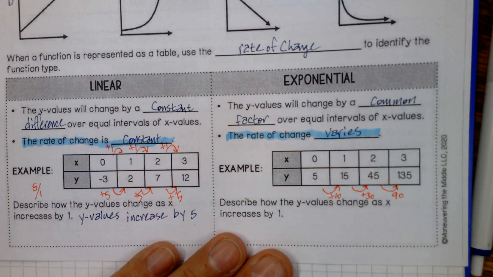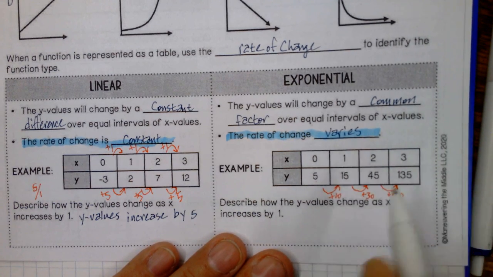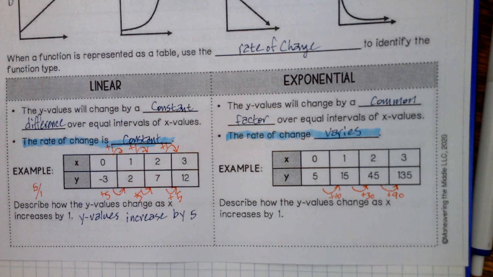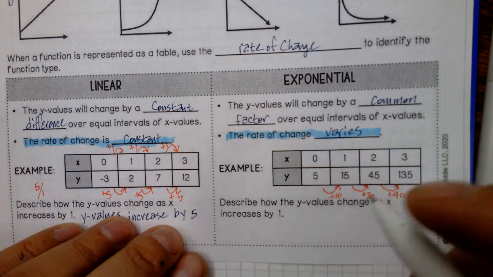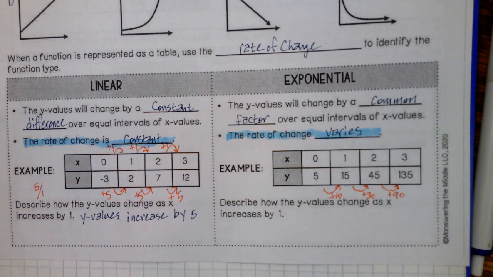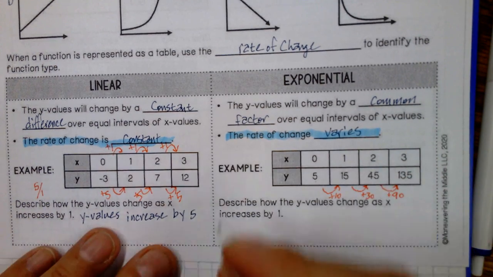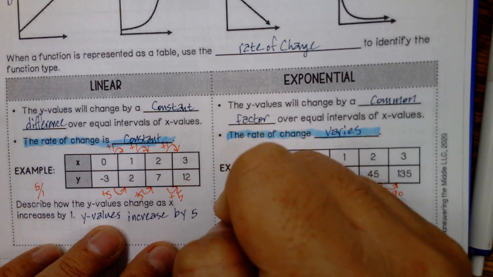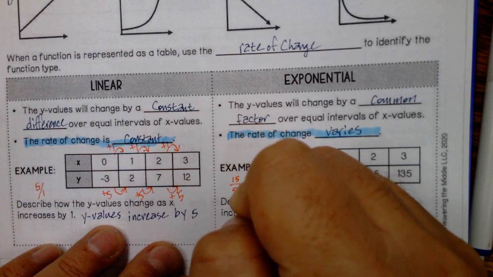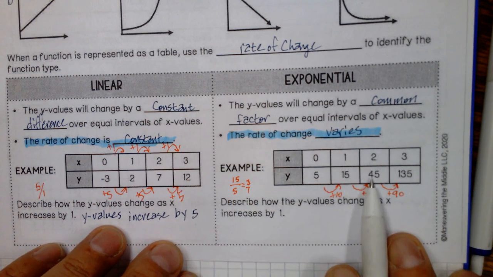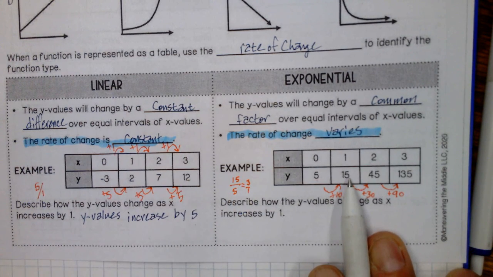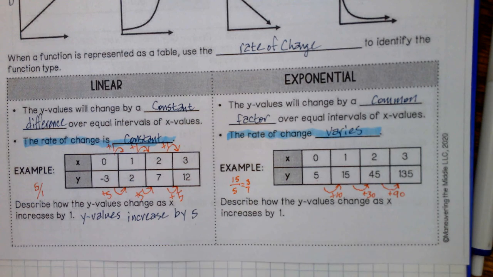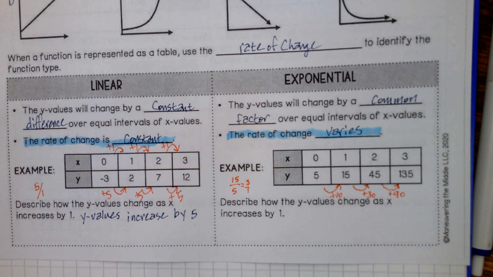So that's not constant, see, it's varying. However, if we take any ratio like 15 over 5, or 45 over 15, that's 3 over 1. 135 over 45, 3 over 1. Okay, the factor is going to be the same.